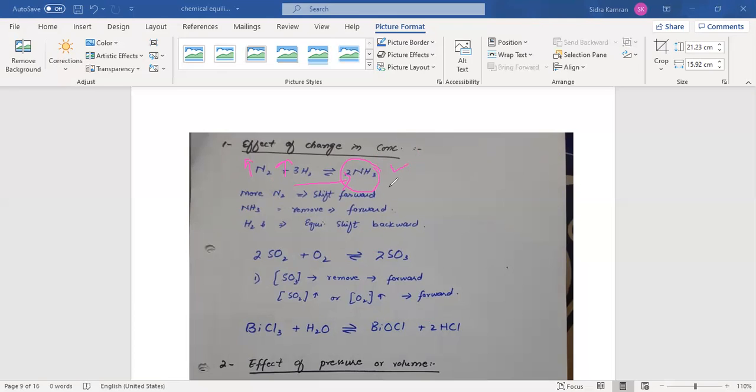There is another way to get a higher amount of ammonia: remove the ammonia from the reaction mixture. Ammonia is forming and you are continuously removing it.